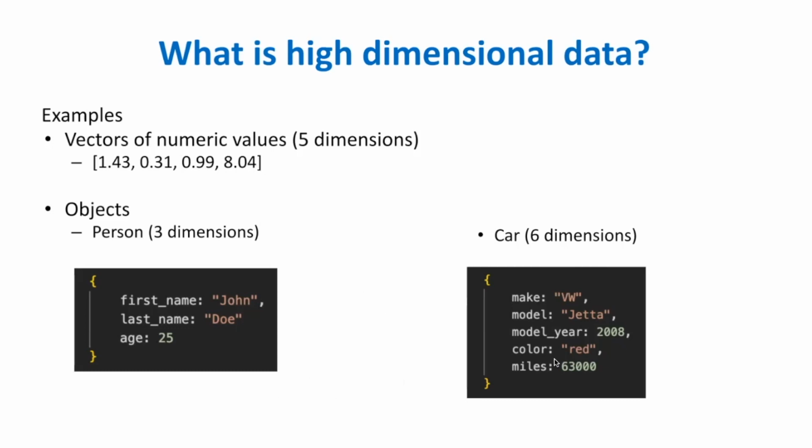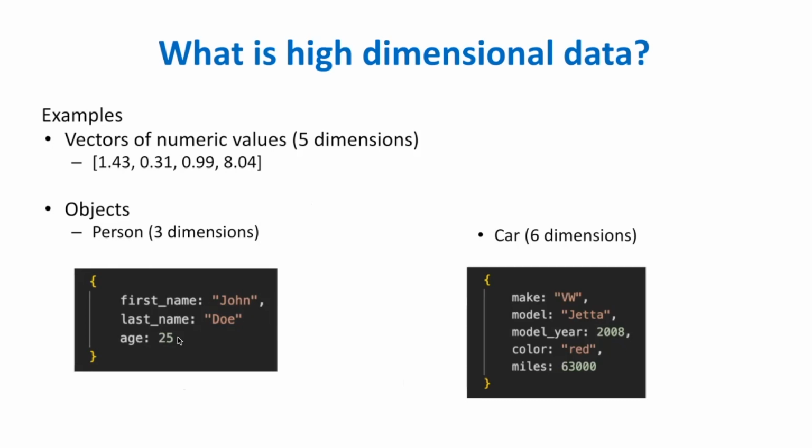Slightly more complicated would be high-dimensional data points that have not only numeric values, but maybe also strings or classes and discrete values. For example, a person would also be a high-dimensional data point, because in this case we have 3 dimensions: first name, last name, and age.